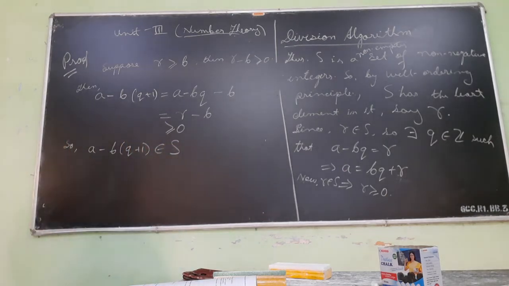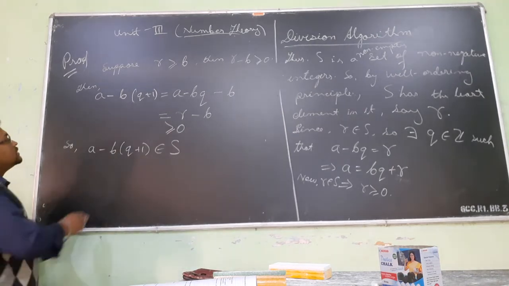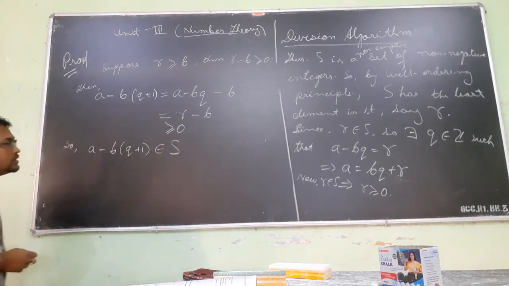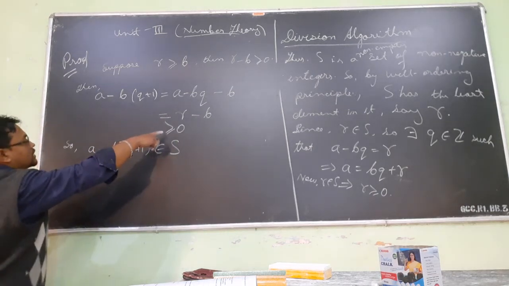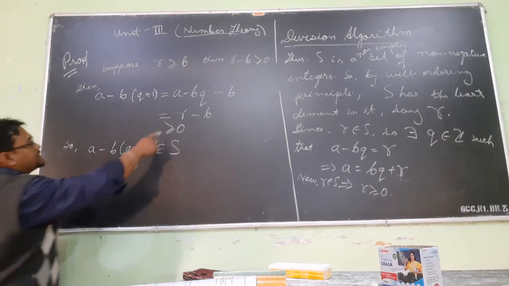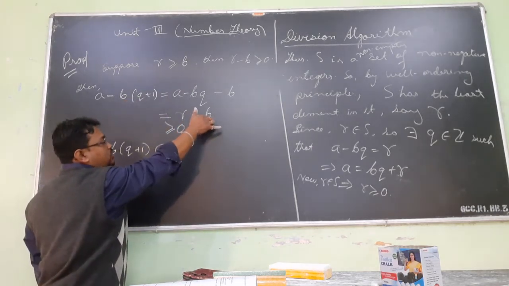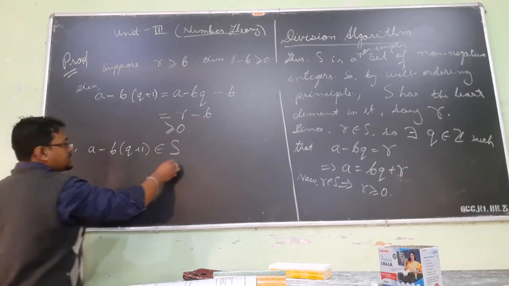Now which element is smaller? A minus B into Q plus 1 is equal to R minus B, and B is greater than 0. This element is actually R minus some positive integer.